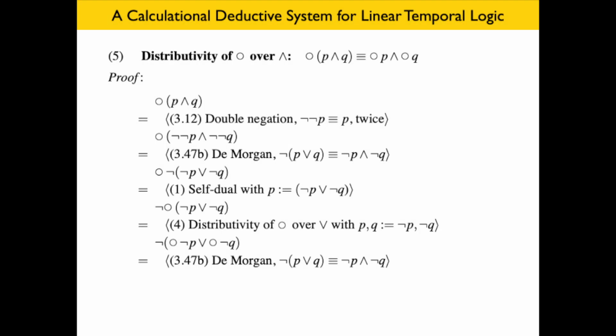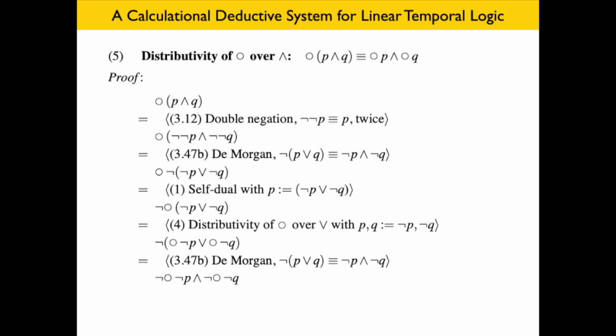Okay, we're going to take a little detour from the lecture that was recorded years ago. The next step we're going to use is 3.47b, De Morgan. We take the negation outside the paren to the inside, and we change the or to and.